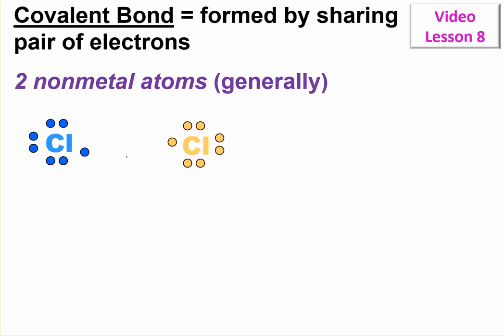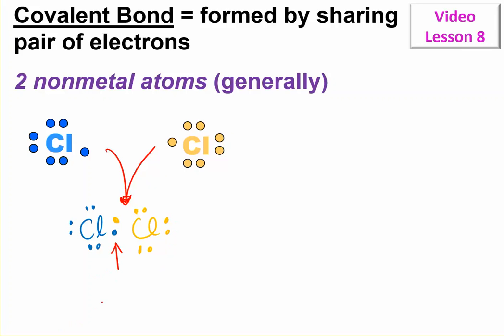And they're going to form a bond, and you can kind of guess what's going to happen. So they're sharing those 2 electrons. That is our single bond.